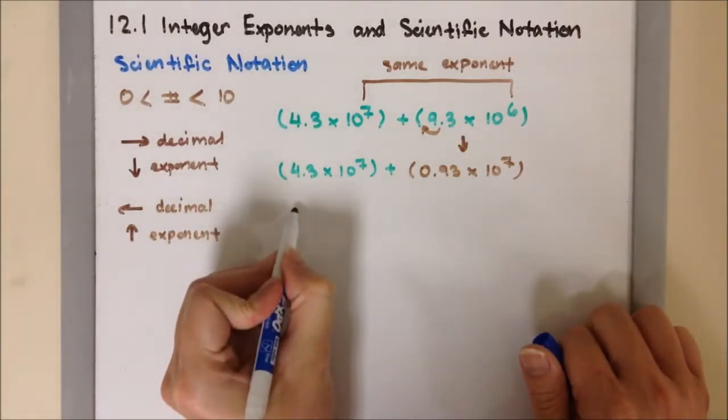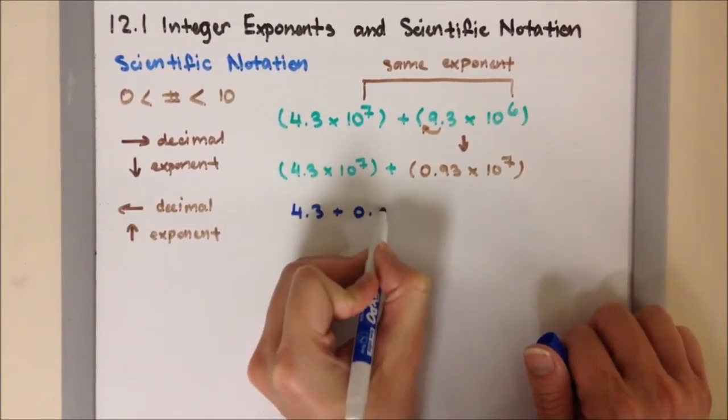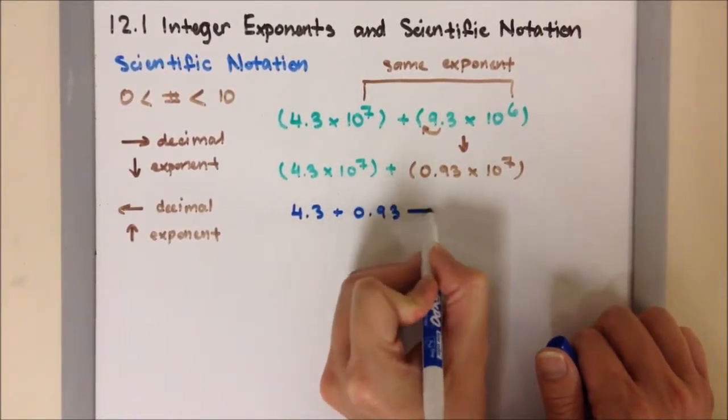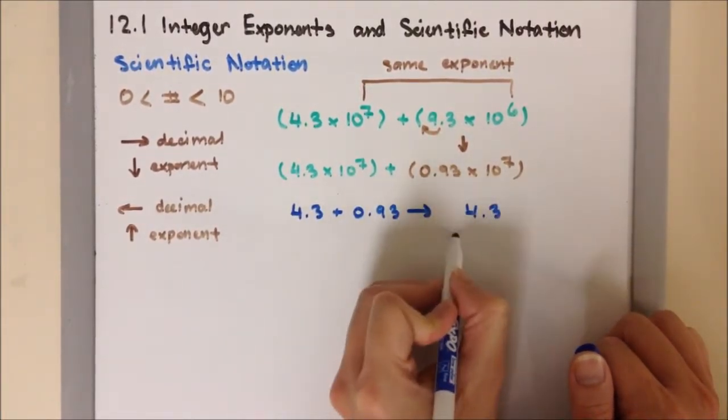So it's going to be 4.3 plus 0.93. We're going to have to line up our decimal.